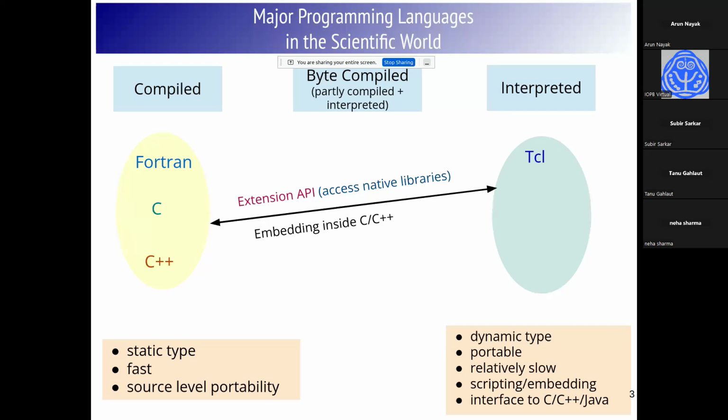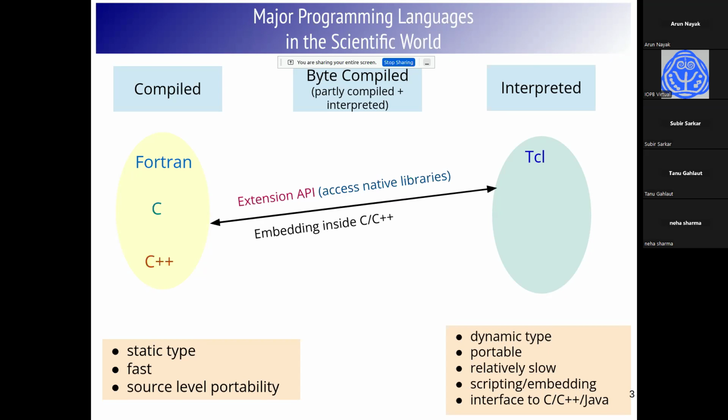That means I cannot give you my compiled application, which is an executable, and expect that you will be able to run it. In order to do that, we should have exactly the same architecture, same kind of compilation environment, and so on. But at the source level, I can pass my program to you, and you compile it yourself on your architecture, on your operating system, and it will run.